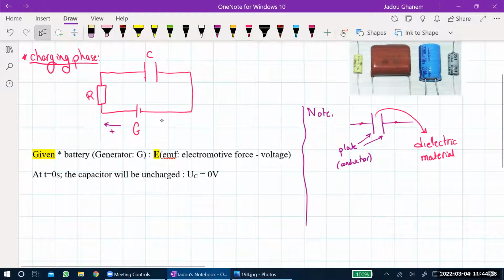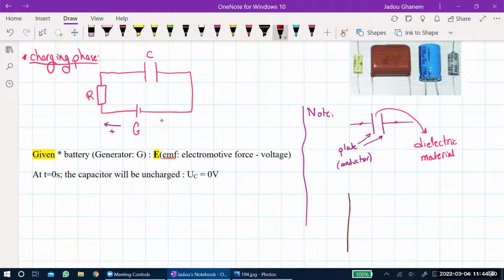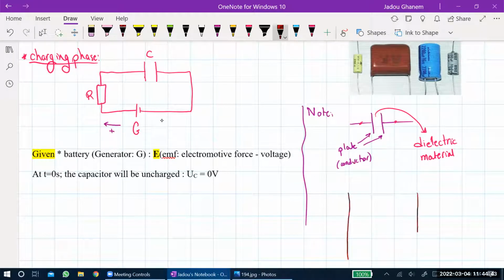Electric field lines will be created in between the terminals of a capacitor. So if I want to draw the plates again in a big or zoomed figure, if this is a capacitor, let's say that this is the positive charge on the left side of the plate, and these are the negative charges on the right side. Now electric field lines will be generated from the positive towards the negative side.